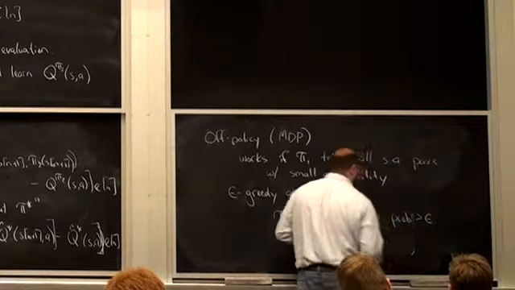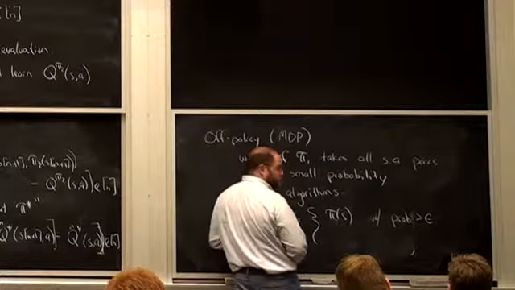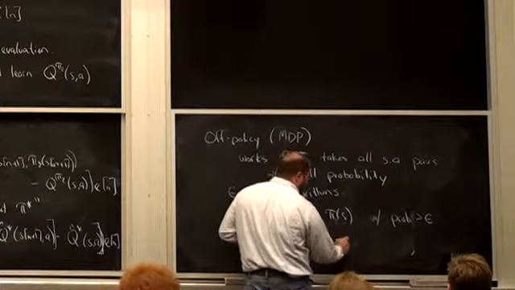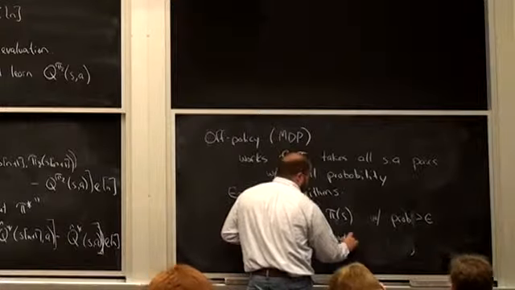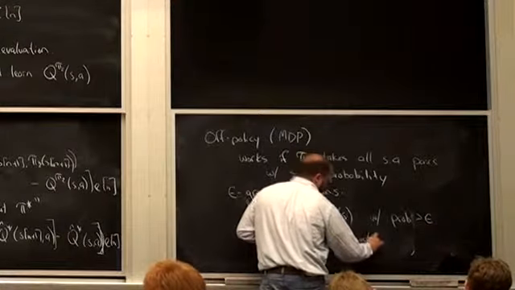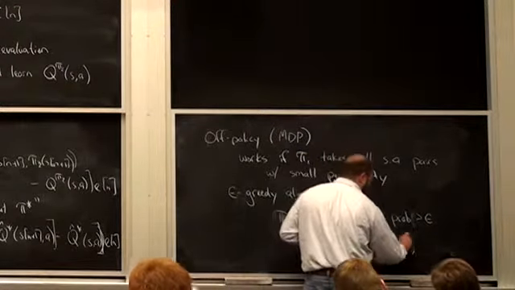If it's greater than epsilon, then go ahead and execute the policy you're trying to learn about, but execute some random action. Otherwise.